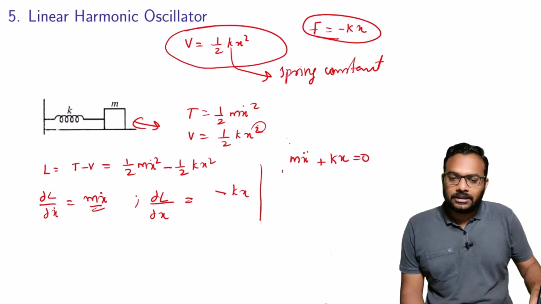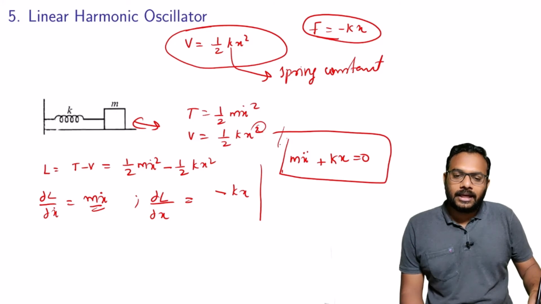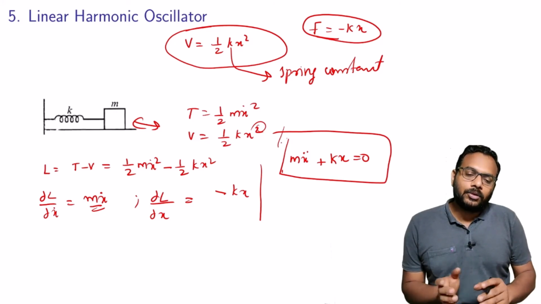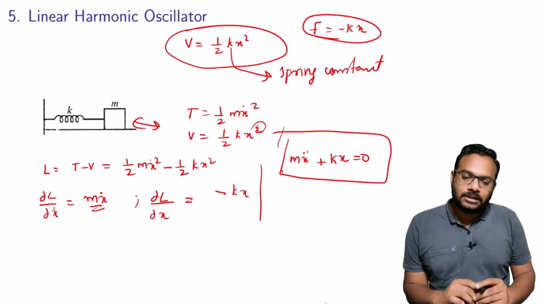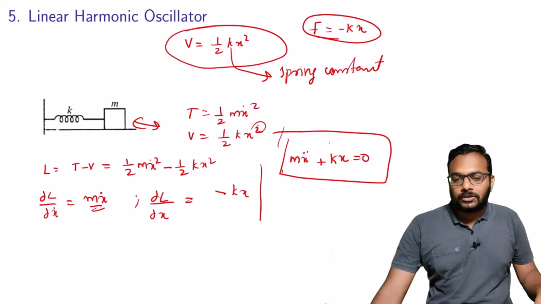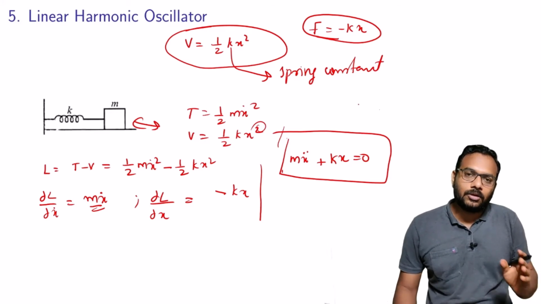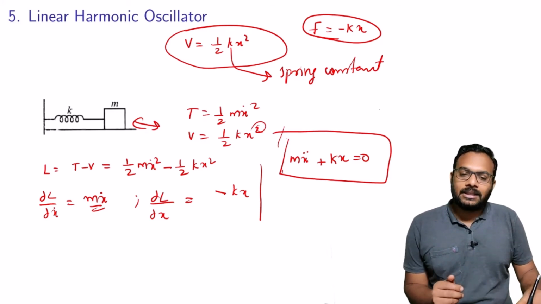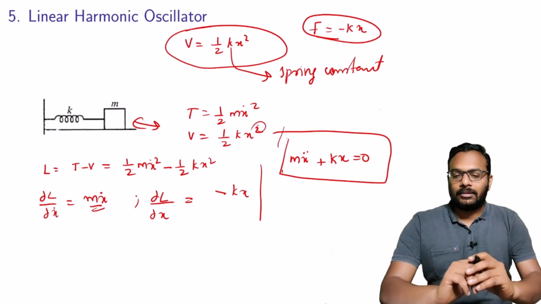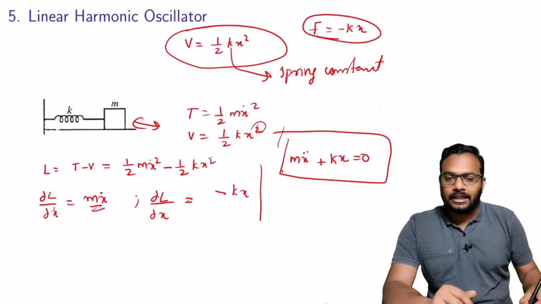That's the equation of motion. If you know the initial conditions, x and x dot, you can solve this equation and find x of t and x dot of t. Given the configuration at any time, this equation will allow you to find the position and velocity at any other time.